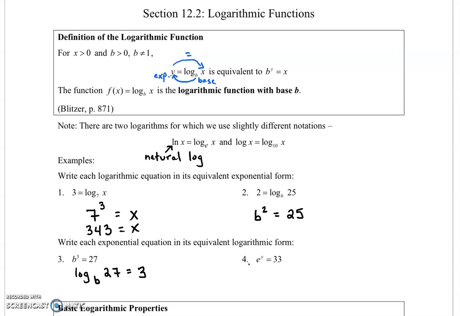Okay, if you've tried that, we have the natural log of 33 equals the exponent on the e. And remember, ln, natural log, is just another way of saying logarithm base e.